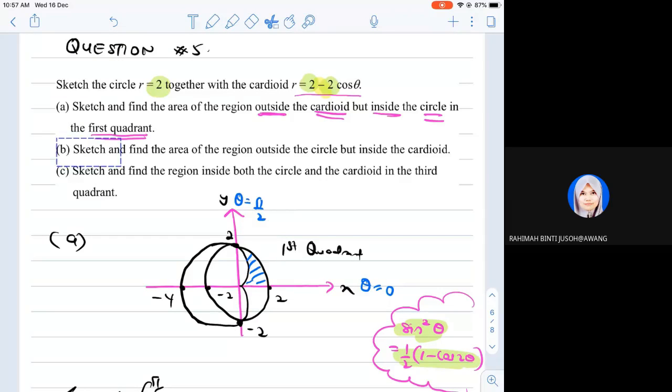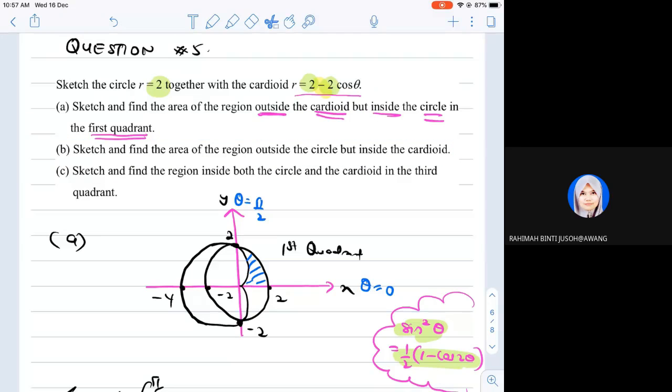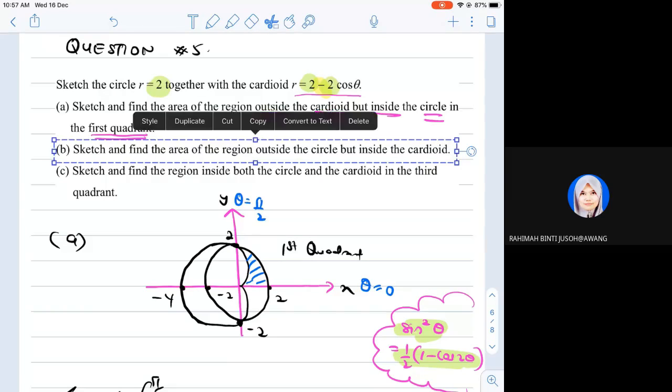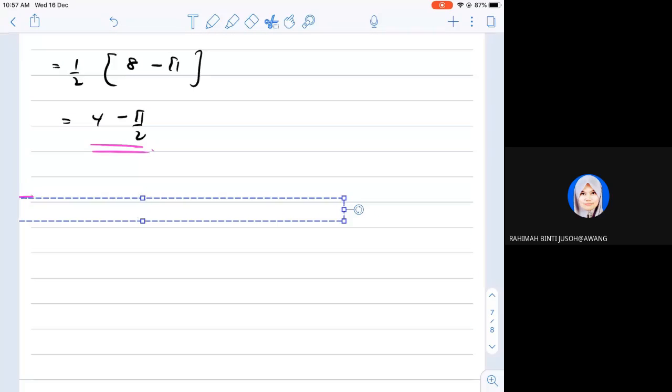Sketch and find the area. Cepat ambil dulu. Outside the circle, but inside the cardioid.